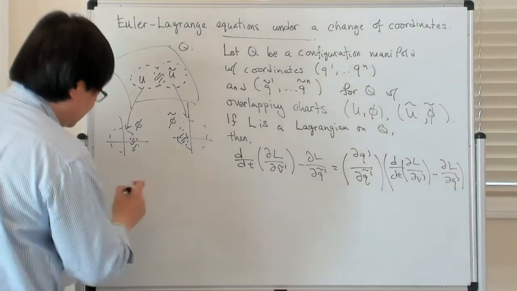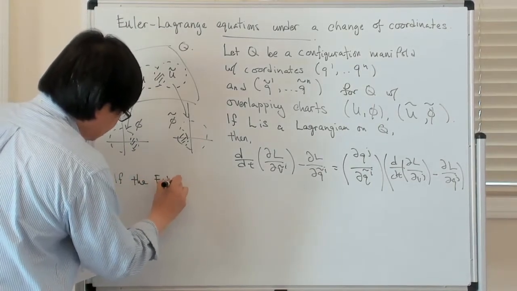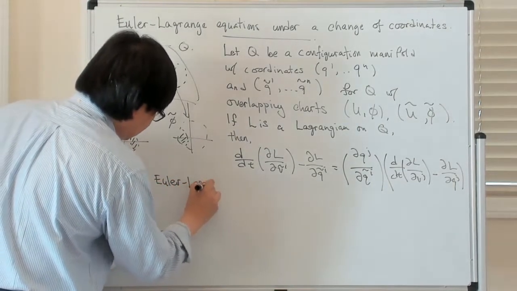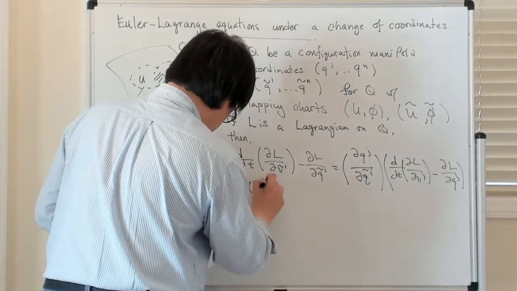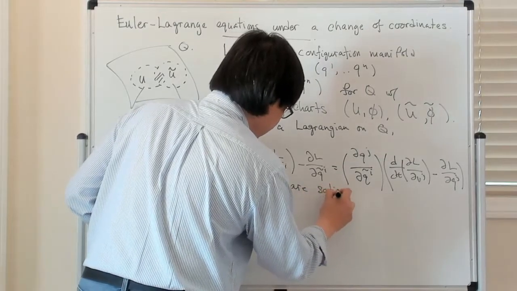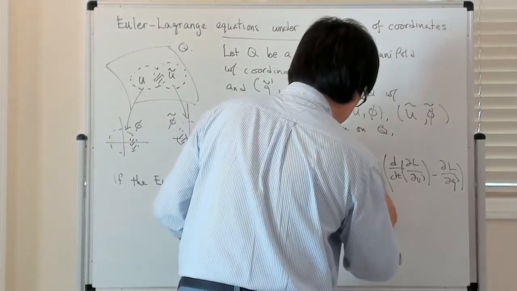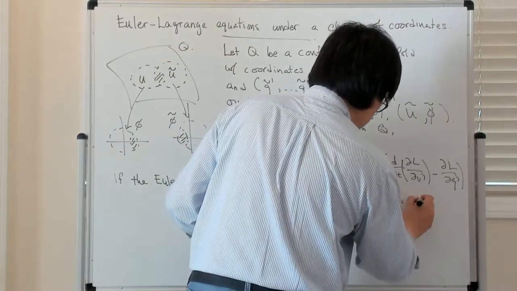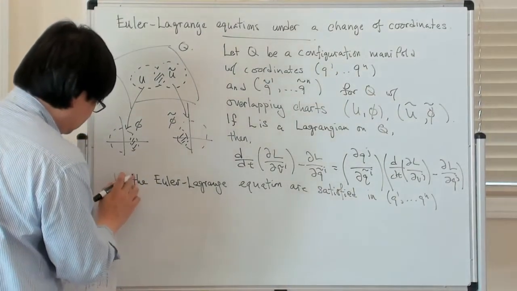Okay, so this is saying that the Euler-Lagrange equations are satisfied in one of the coordinates, or let me rephrase that.